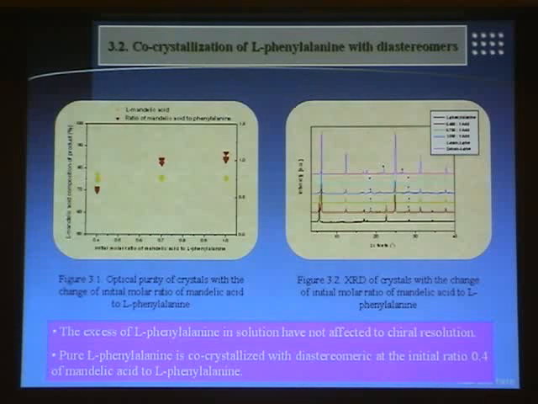Because resolving agent concentration is so important for chiral resolution, for the first experiment I tried to change the concentration of the resolving agent, as you can see here. From the samples with ratios 1, 0.7, 0.4, the chiral resolution, or optical ability, has no change.